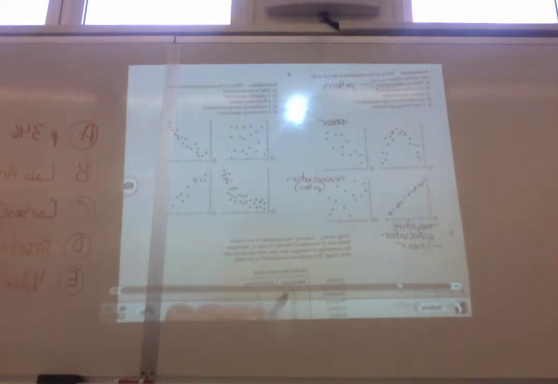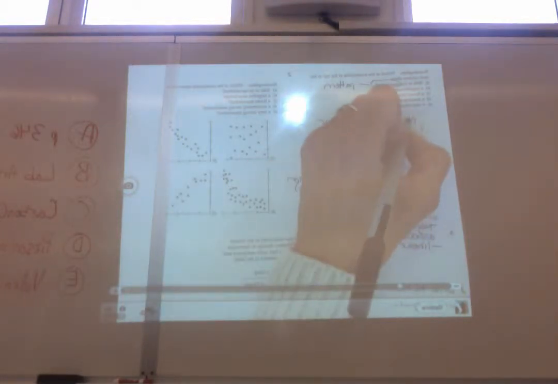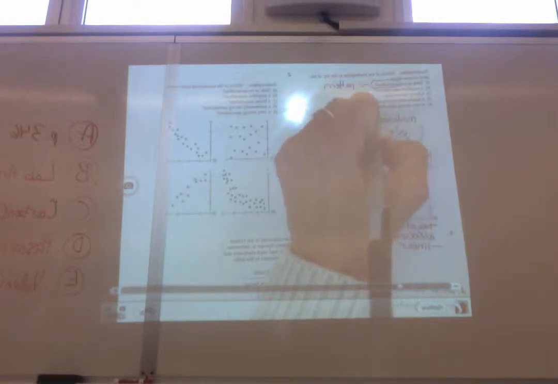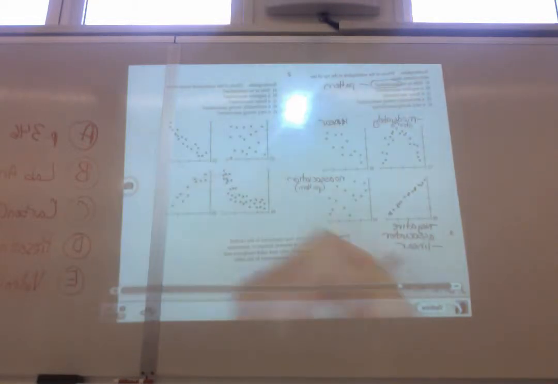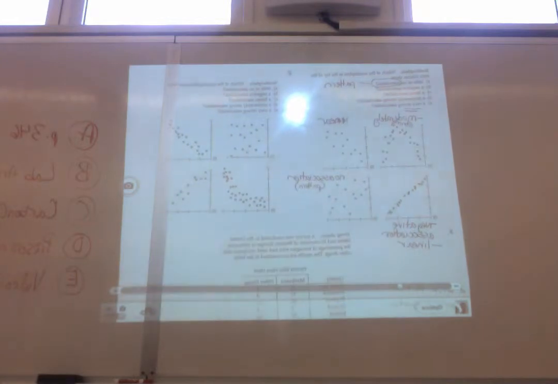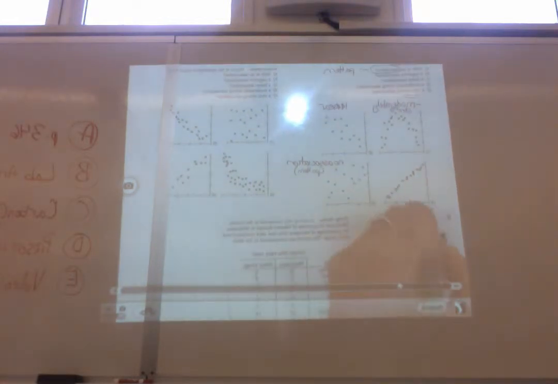Okay, so which one's moderately and which one's very? 1 is moderate. Moderately strong. Pretty compact. And which one's very strong? 3.